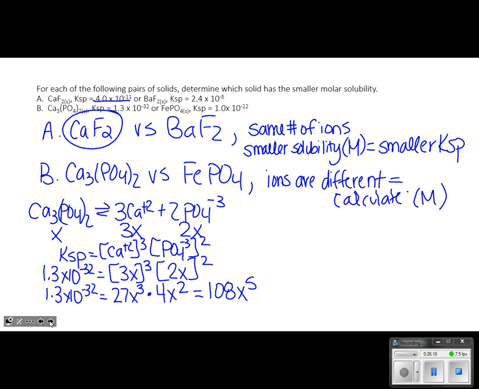Now do second answer, and up it pops 1.6 times 10 to the negative 7th molar. 1.6 times 10 to the negative 7th molar equals x, which is the molarity of the calcium phosphate.